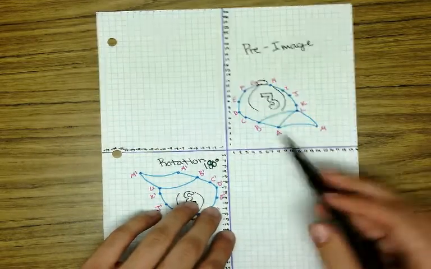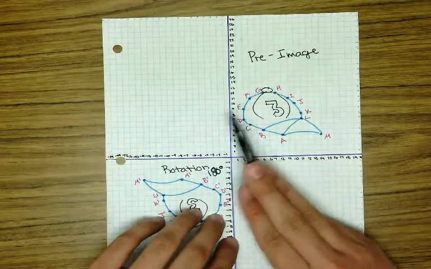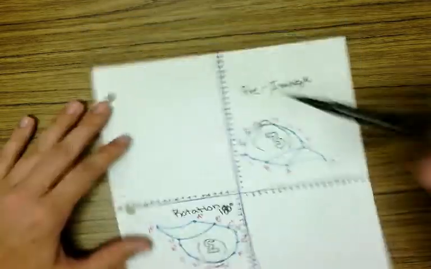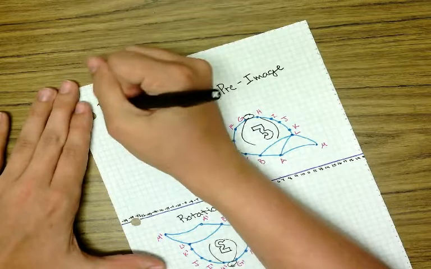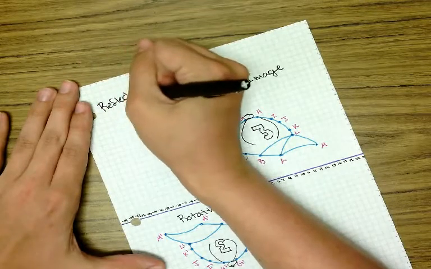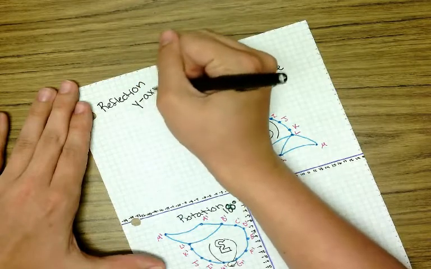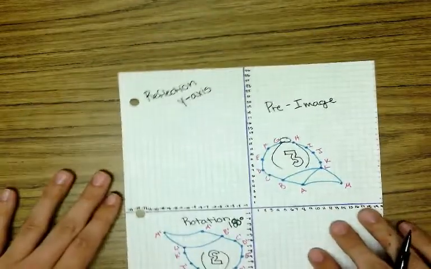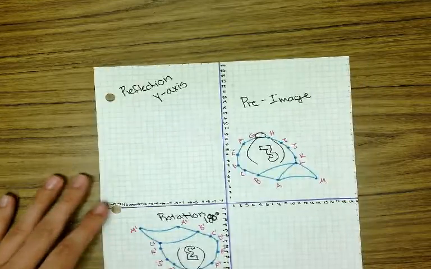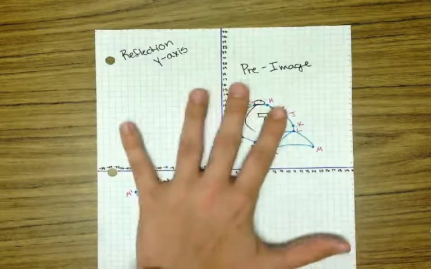On this one, we're going to reflect over the y-axis. So I'm going to write reflection, and I'm going to put y-axis. So reflection over the y-axis. Again, we're going to ignore this paper and we're only going to look at this paper right here.